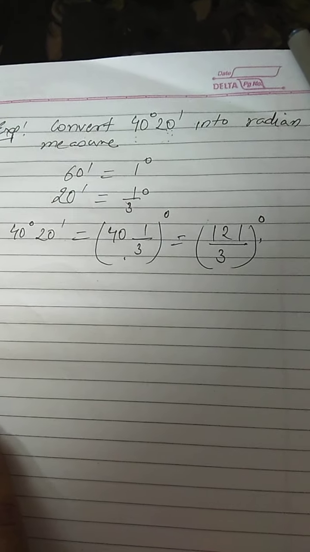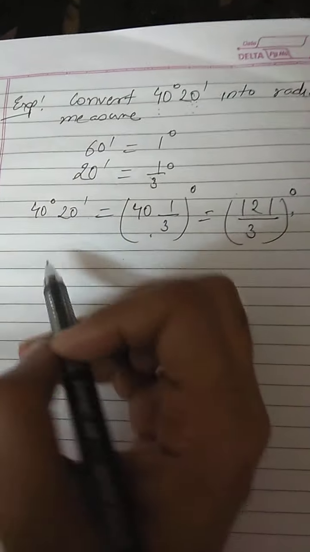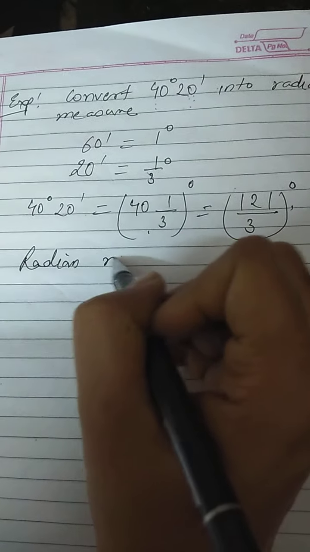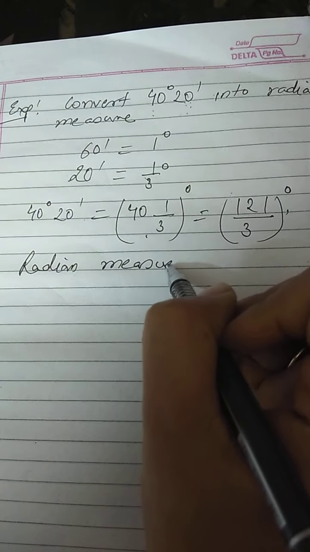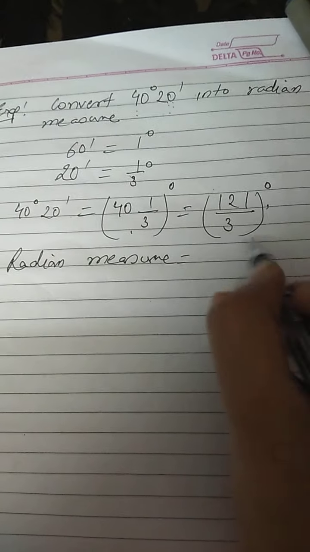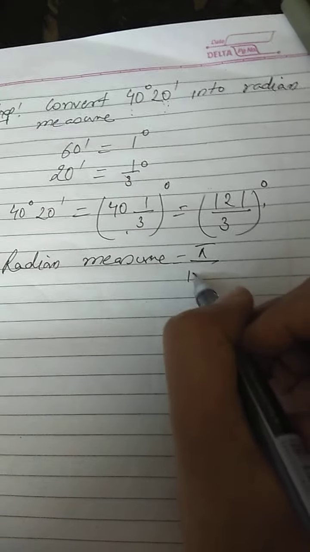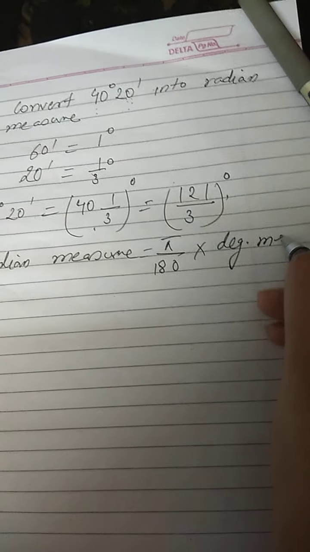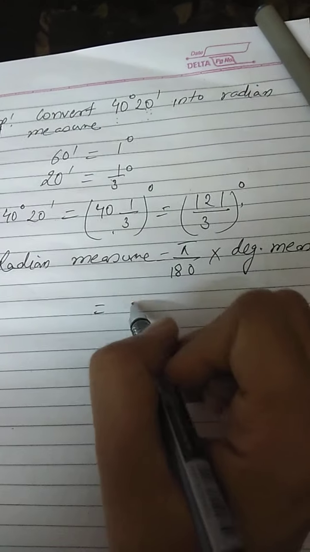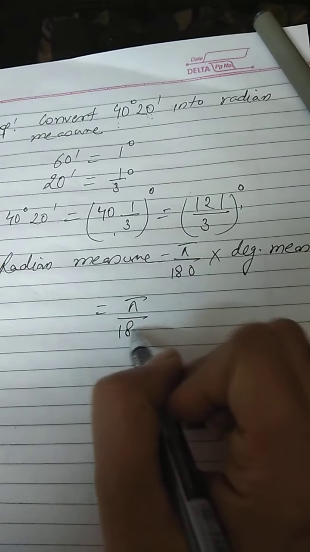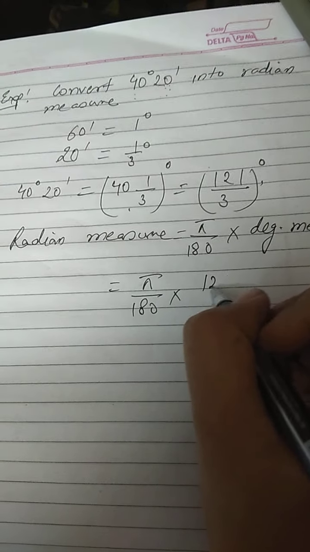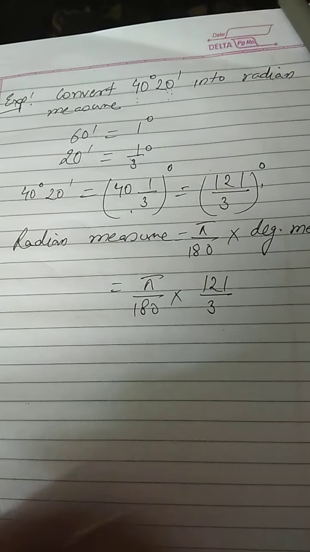But we have to convert it into radian measure. What is the formula? Just now we saw it: pi upon 180 into the degree measure. So we write pi by 180 into 121 by 3.